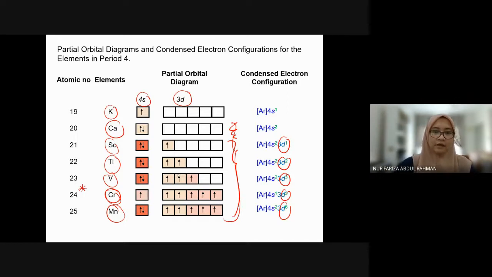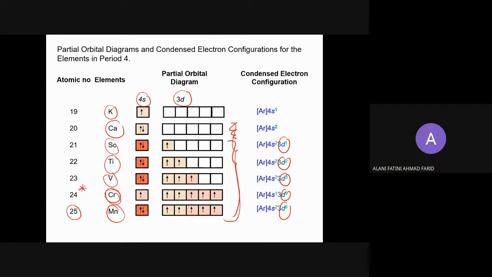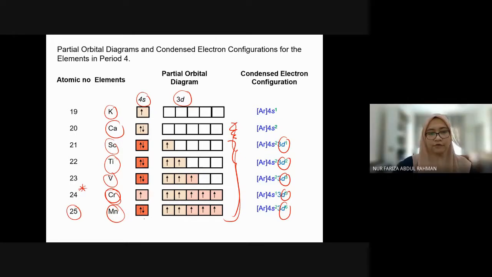Manganese, the atomic number is 25, right? So it should be 4s2 3d5.